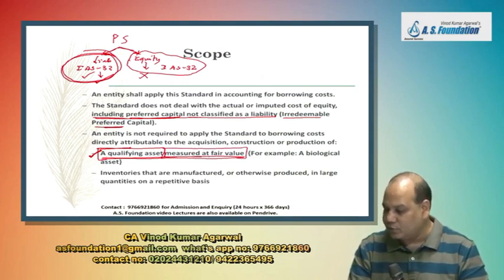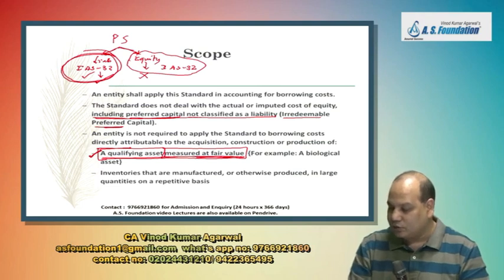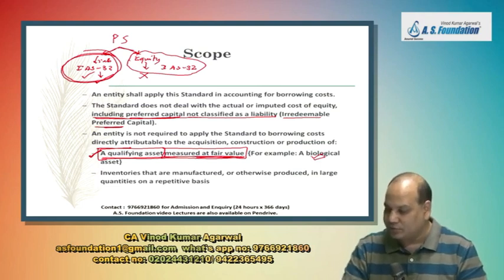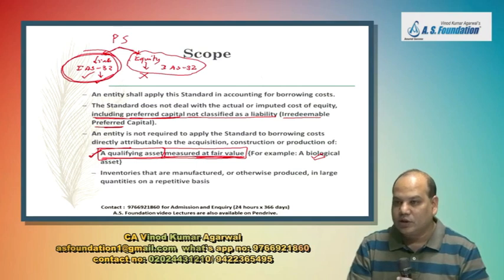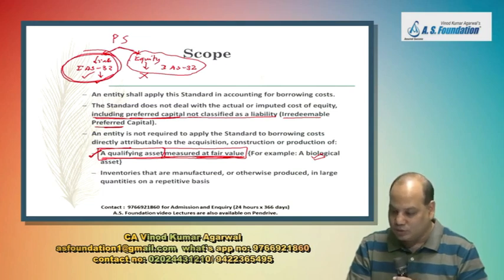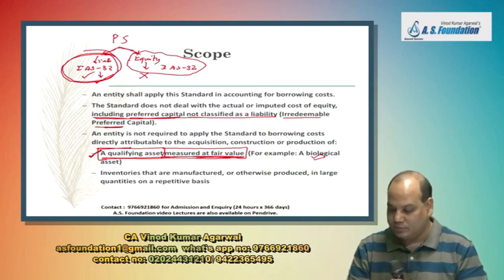Okay. So a qualifying asset which is measured at fair value, like for example a biological asset, this standard is not applicable if it is measured at fair value. Okay. Inventories that are manufactured or otherwise produced in large quantities on a repetitive basis.